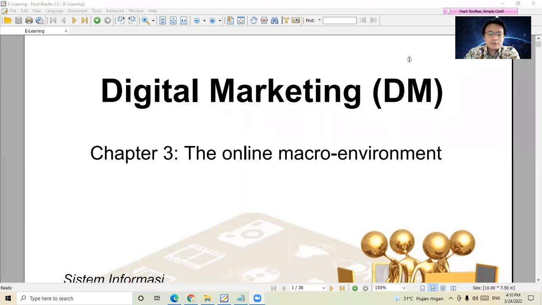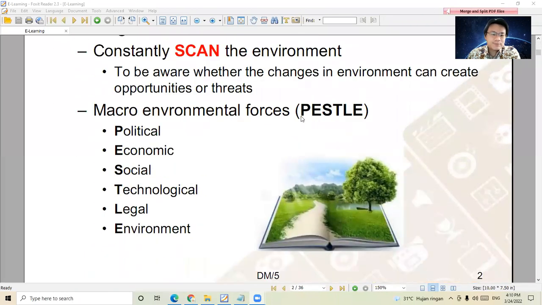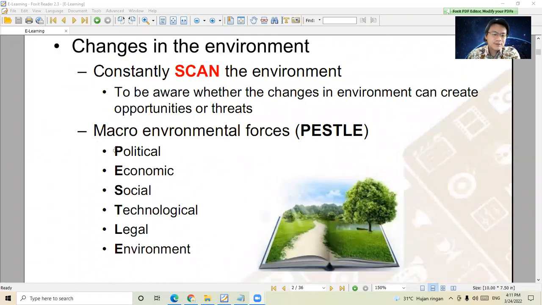Now, in this particular topic, we will be more focused on the macro environment, which includes the 6 forces. What are the 6 forces?